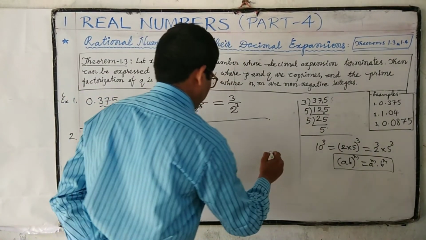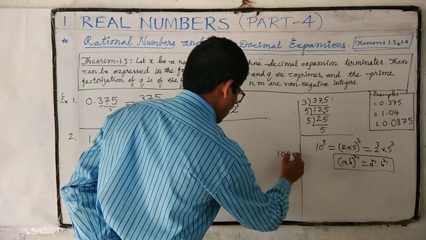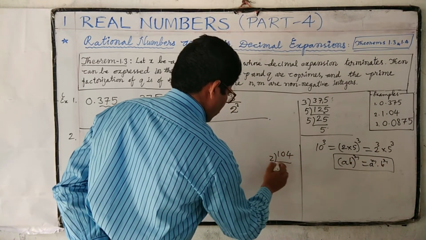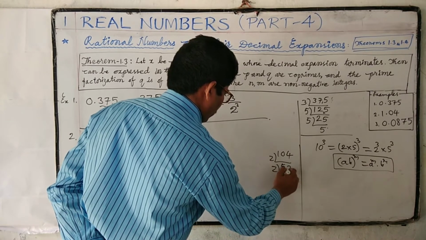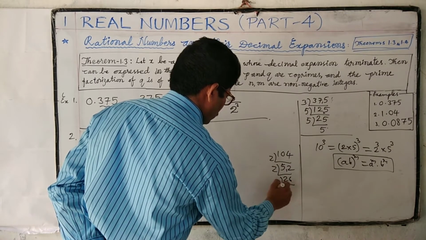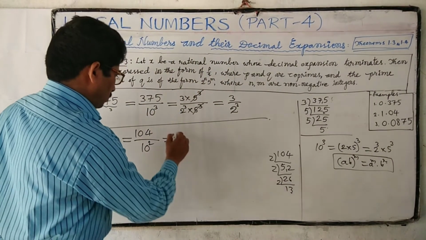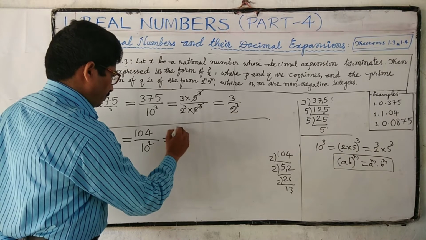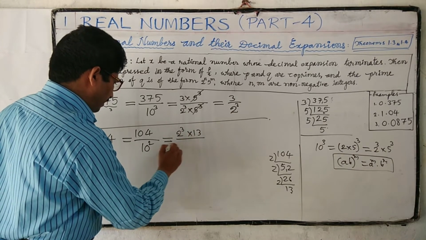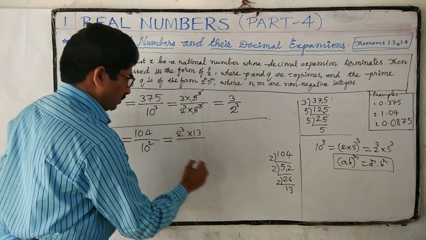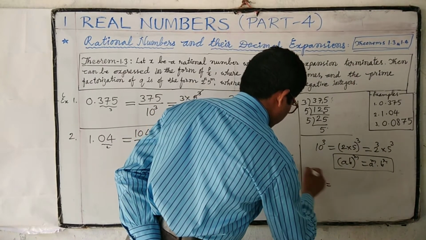Now factorize 104: 2 fives are 10, 2 twos are 4, 2 twos are 4, 2 sixes are 12, 2 ones are 2, 2 thirteens. So 104 is 2 cube into 13, by 10 square.